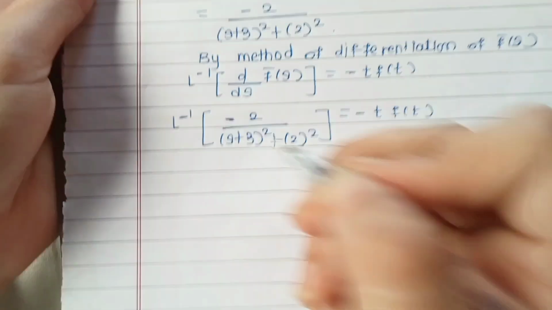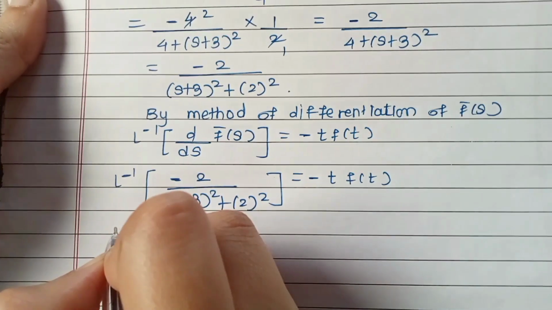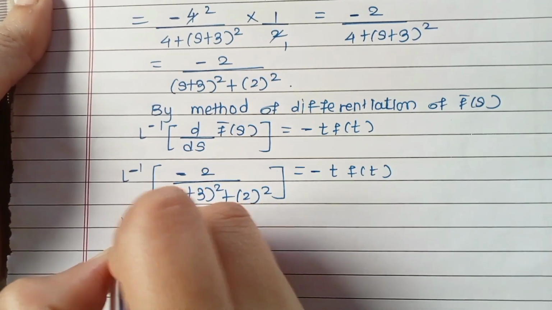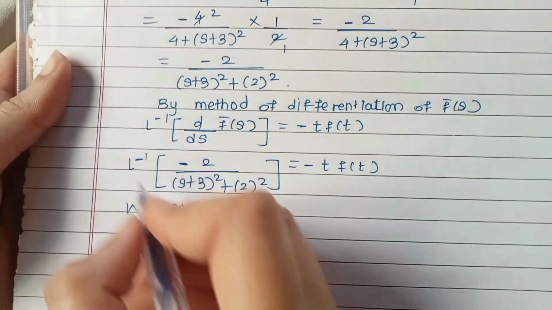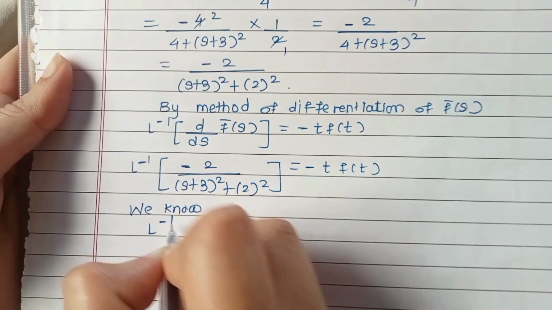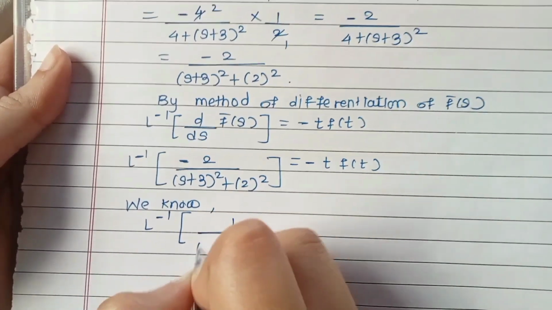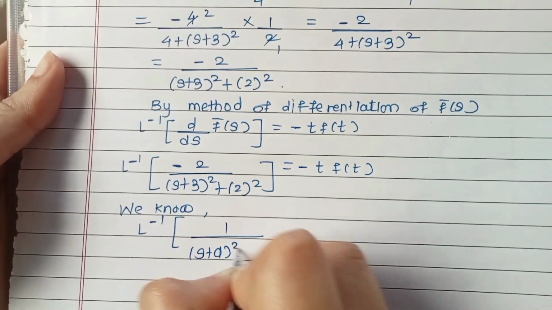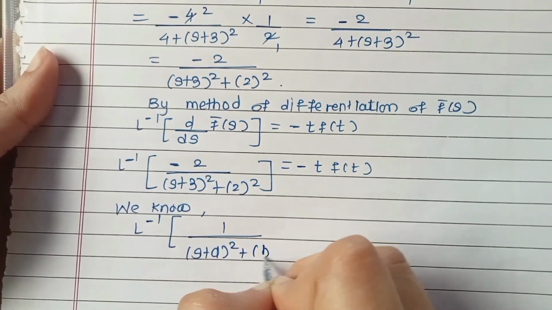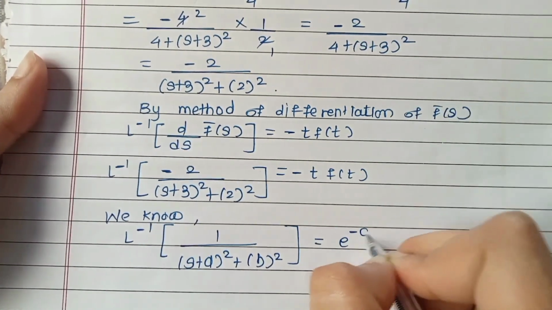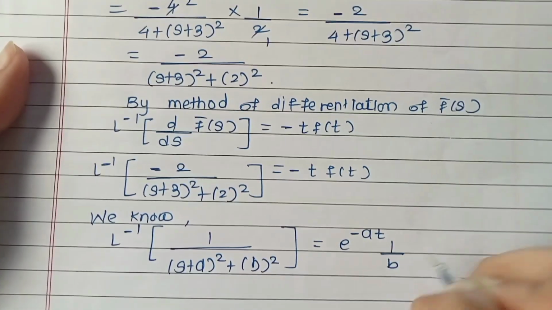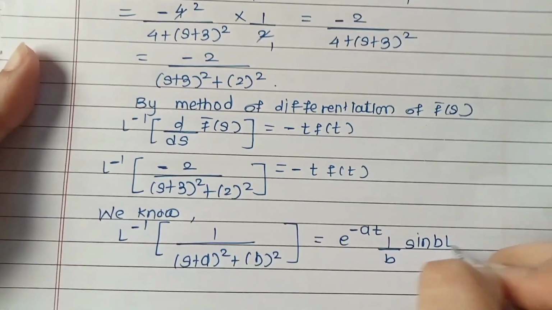Now there is one more formula. We know the inverse Laplace transform of 1 upon (s plus a) square plus b square is equal to e raised to minus at, 1 upon b sin bt.